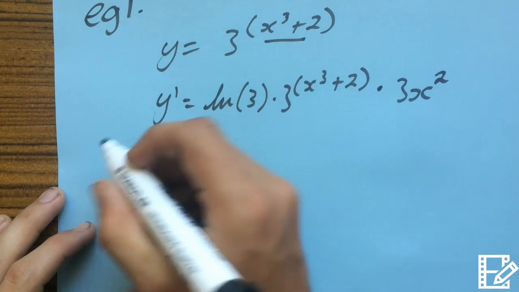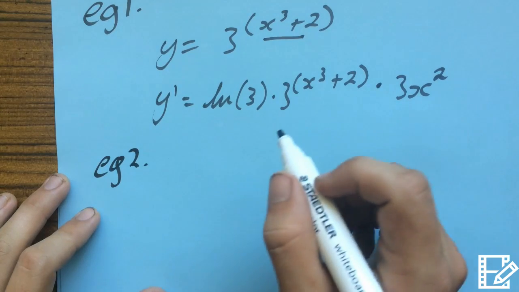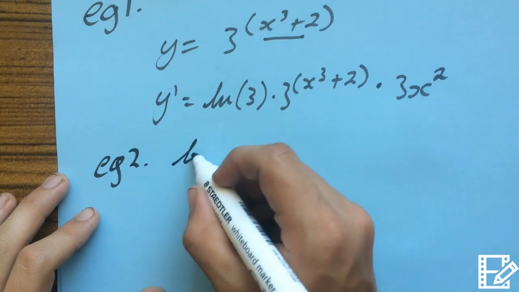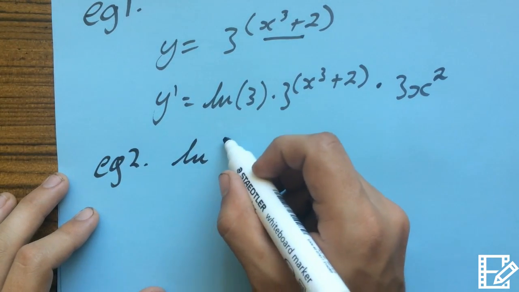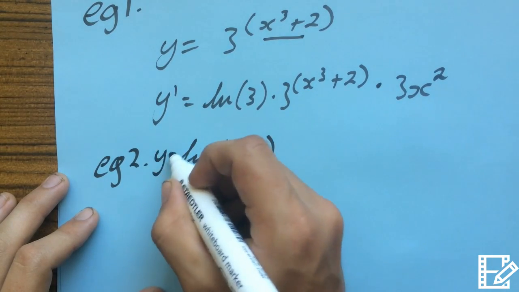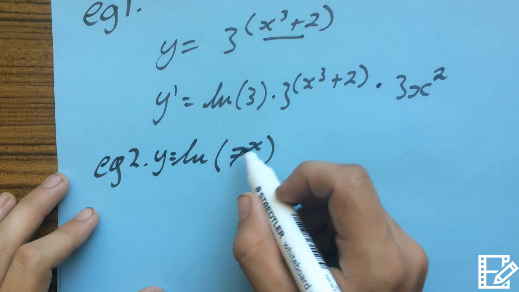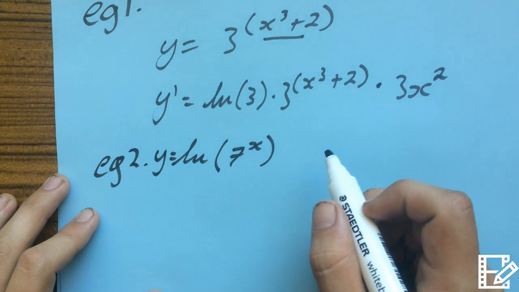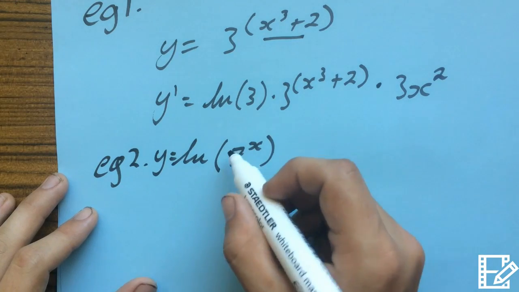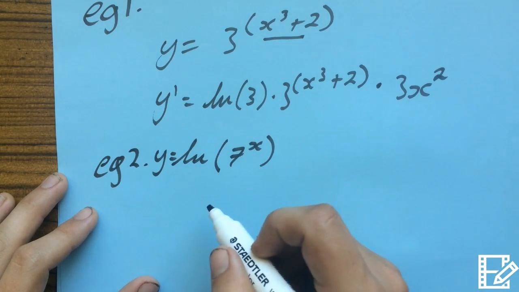And for another example, let's say we have ln of 7 to the power of x. We'll have y equals ln, and within ln you have 7 to the power of x. So we find the derivative of the outside and multiply it by the derivative of the inside.